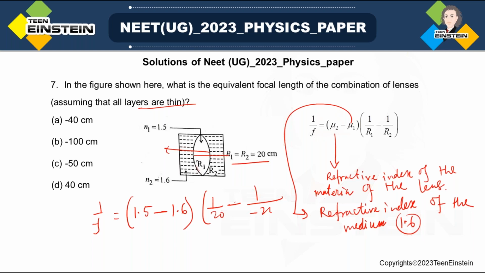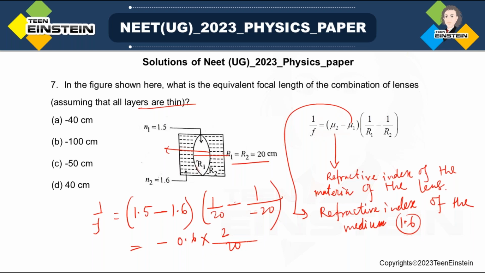So I can write minus 20 here. Then we get minus 0.6 into 2 over 20. This is positive.